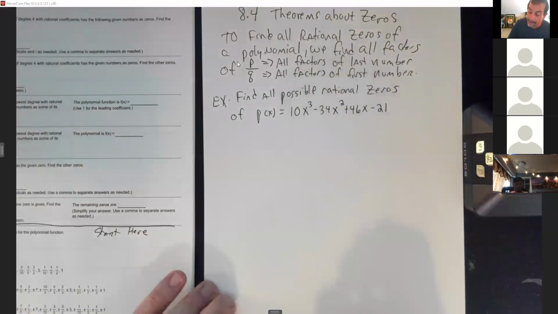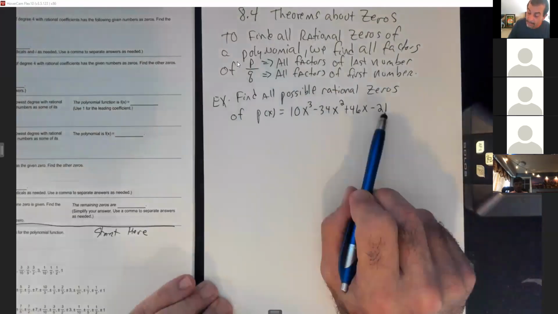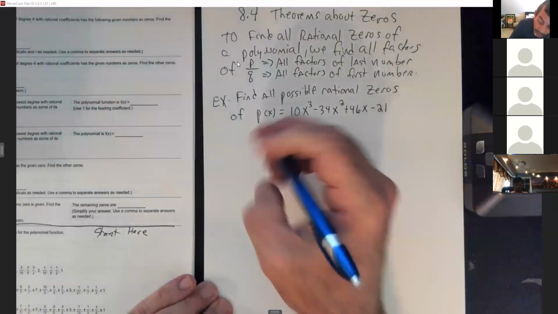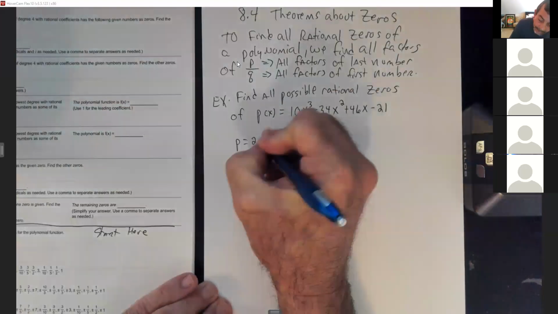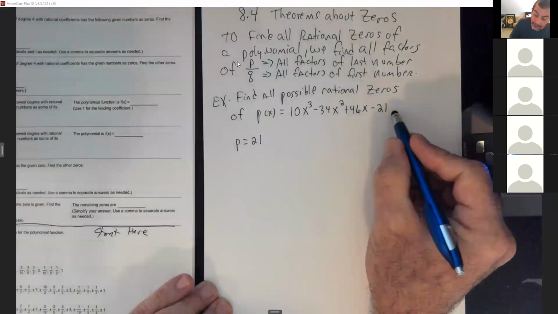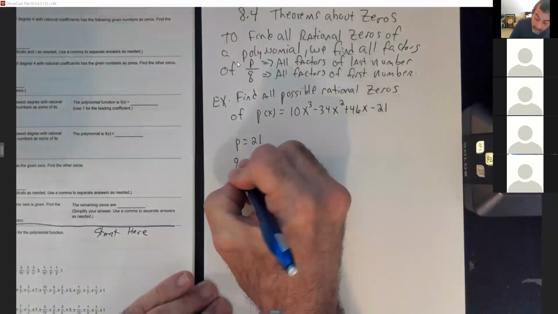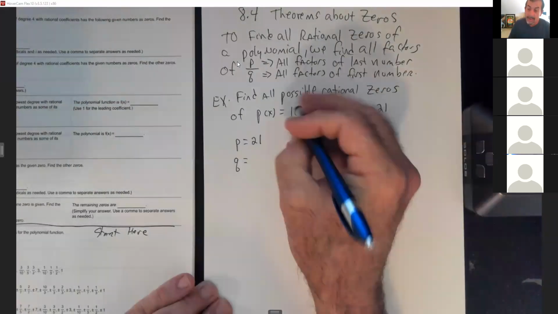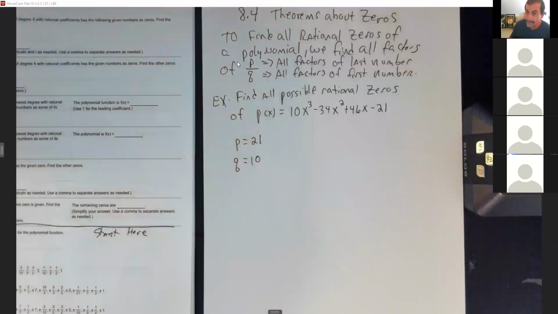So we're looking at the ratios of the P's over the Q's. So P is going to be 21, since that's my last number. And then Q will be all the factors of 10, because that's my first number.